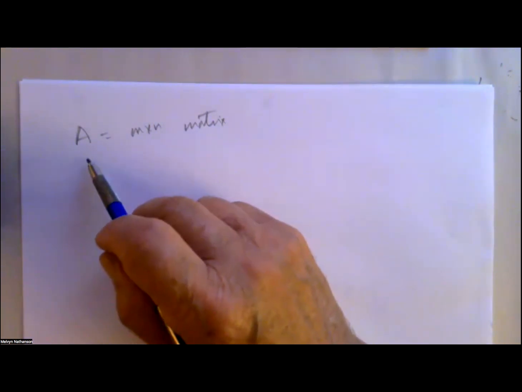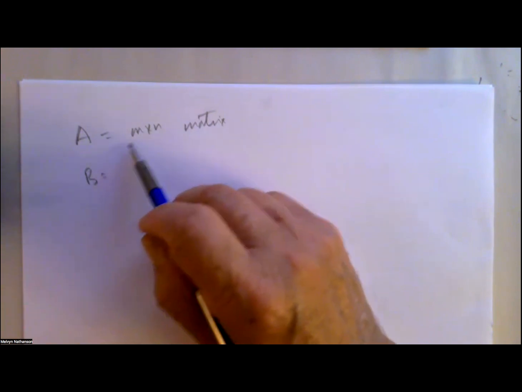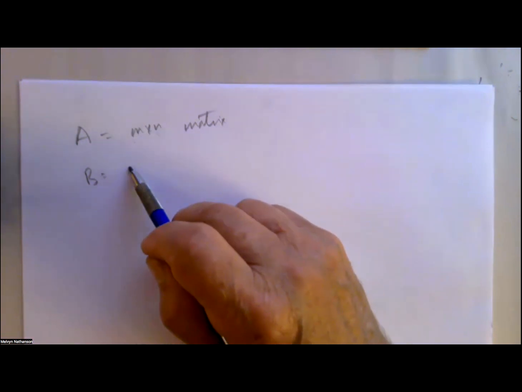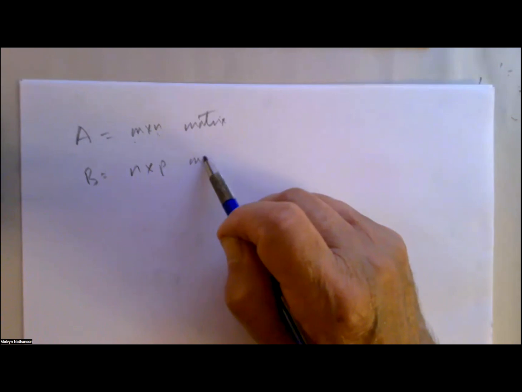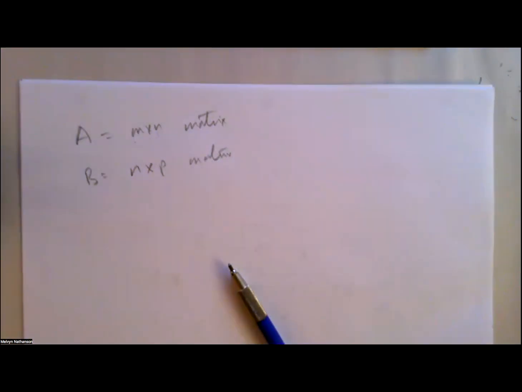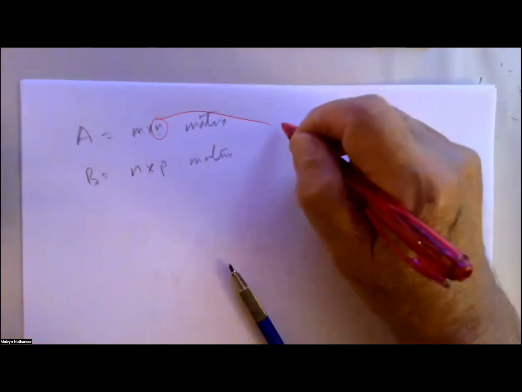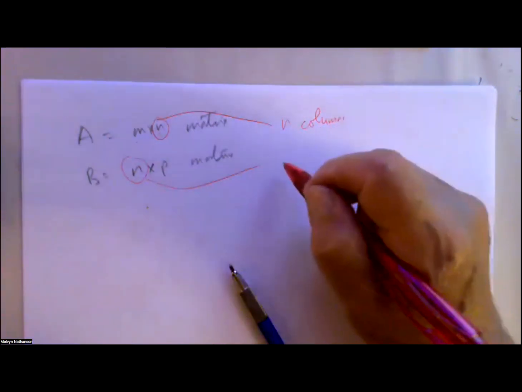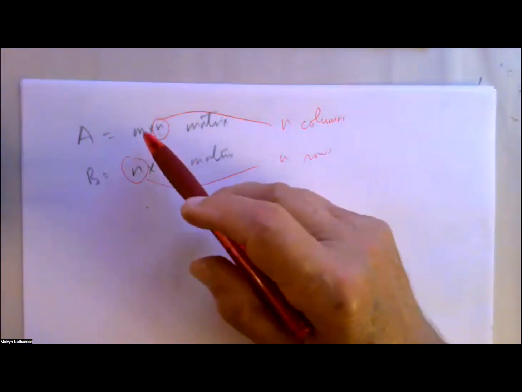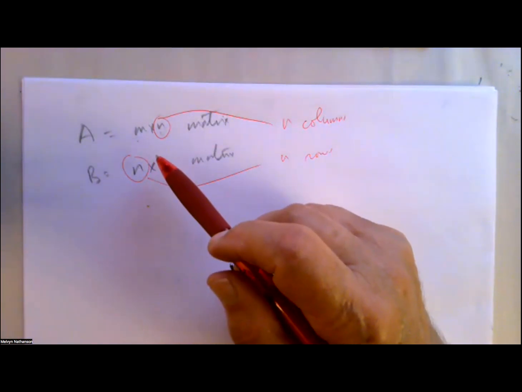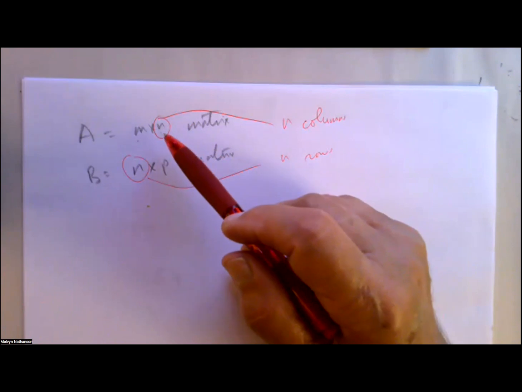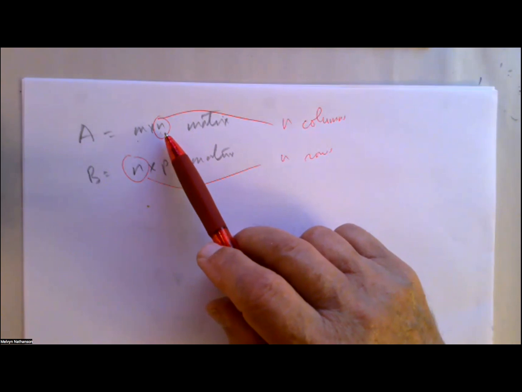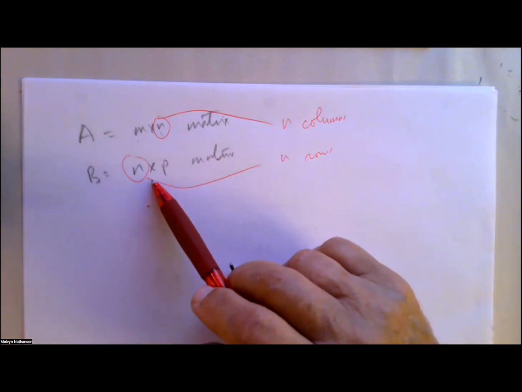You can multiply matrices A and B if A is an m by n matrix, so the matrix A has m rows and n columns, and the matrix B has to be an n by p matrix. All this means, this is the important thing, is that in A there are n columns, and in B there are n rows. The m and the p can be any integers at all. So long as the number of columns in the matrix A equals the number of rows in the matrix B, you can multiply them.